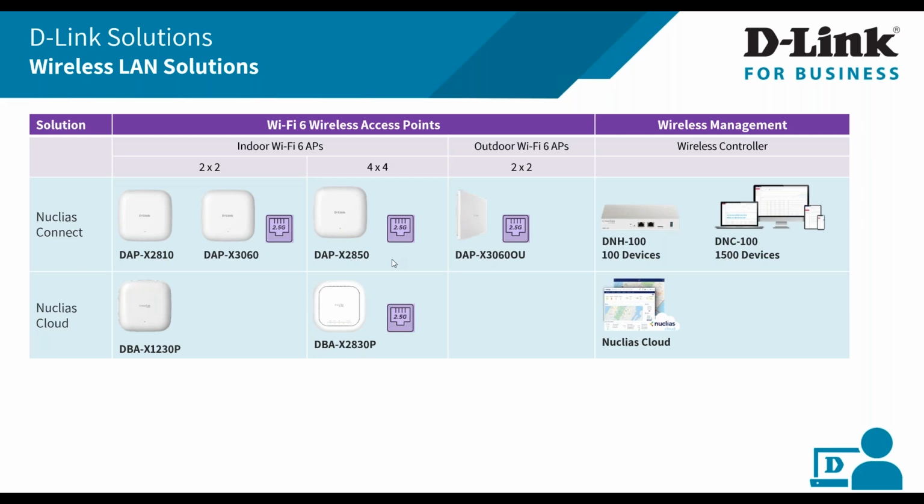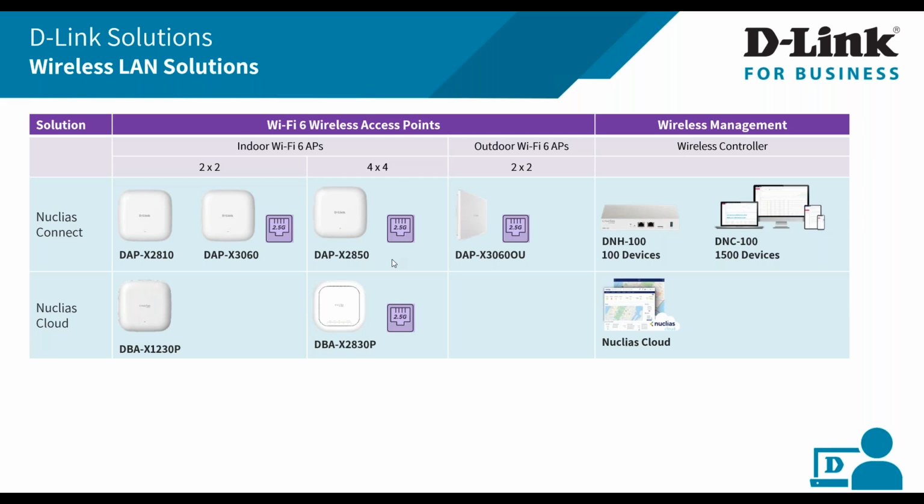So DBA X1230P, which is a 2x2 model with a 1 Gbps backhaul uplink port, can be suggested for general purpose coverage. And the DBA X2830P 4x4 model with the 2.5 Gbps backhaul port can be suggested for high density requirements. So whether it's an on-premise requirement or a cloud managed requirement, we can offer a wireless solution completely on multi-gig.